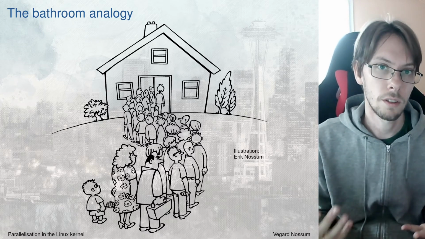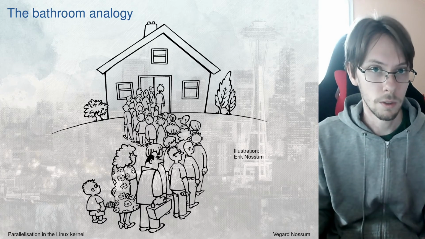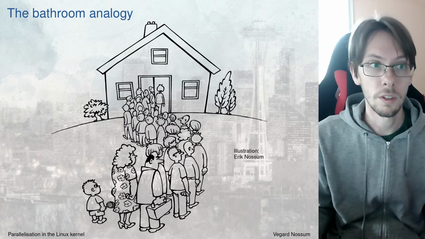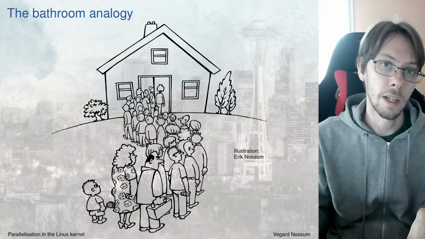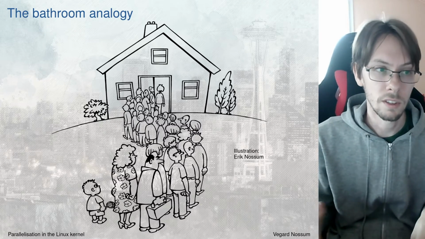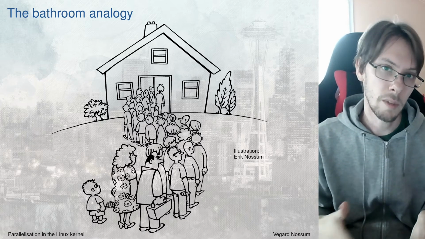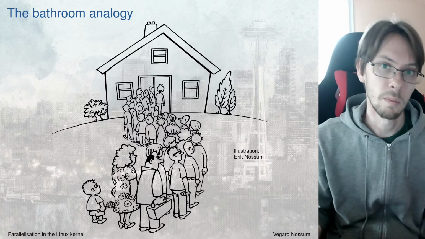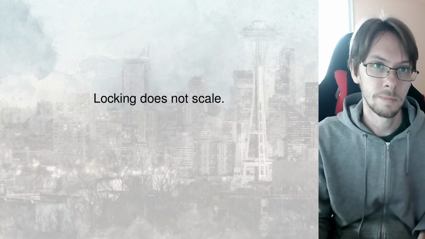Now imagine that you had to share a single bathroom between 32, 64, or 256 people. And it doesn't really matter how quick your bathroom trips are because the queues outside that bathroom are going to be long. And now imagine the household with 6,000 people in it. That's just not going to work.